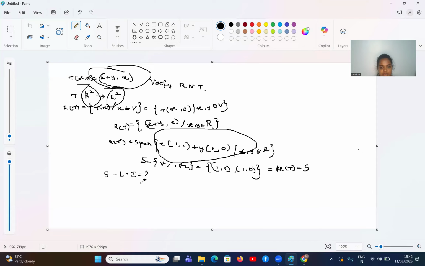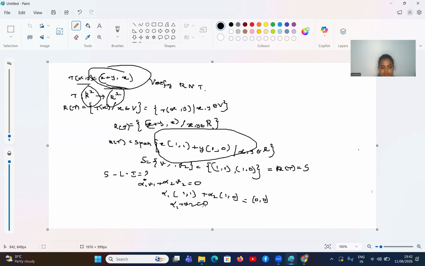How can we check? Again, alpha 1 V1 plus alpha 2 V2 equal to 0, we have to substitute, and check whether the alphas are 0 or non-zero. So alpha 1 times V1, which is 1 comma 1, plus alpha 2 times V2, which is 1 comma 0, equal to 0. Now alpha 1 plus alpha 2 equals 0.